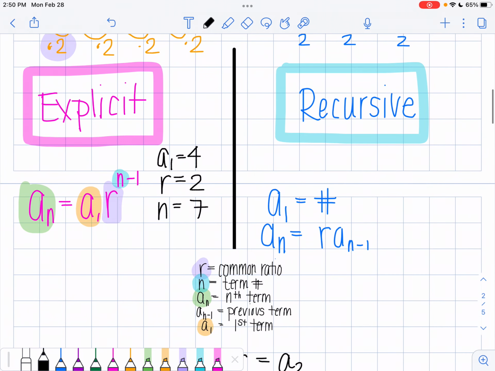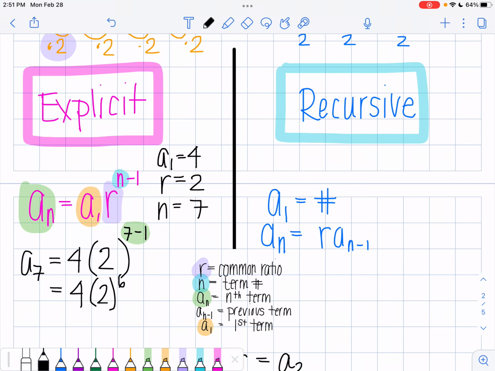I would say, okay, A sub 7 is equal to my first term, which is 4, times my common ratio 2 to the 7 minus 1. I have to do 7 minus 1 first, so I'm going to evaluate this first. This becomes 4 times 2 to the 6th power. Then you can type in the whole thing on your calculator if you wish.